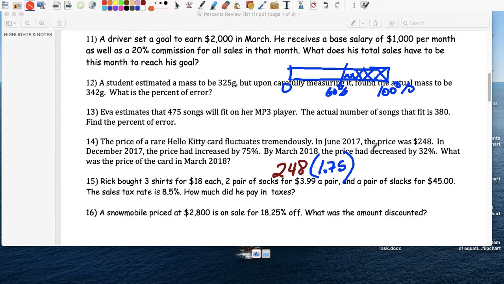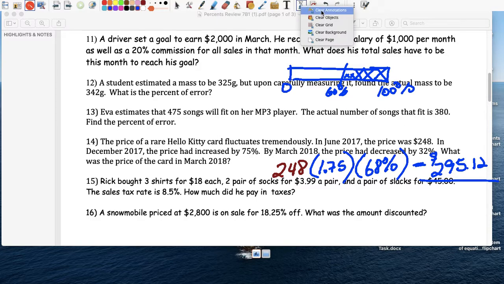Whatever it is, it dropped to 68%. What is the price of the card at the end? You should have sold it when it was high, but you held on to it and sold it too late. 248 times 1.75 times 0.68 equals $295.12. You still made a little profit.